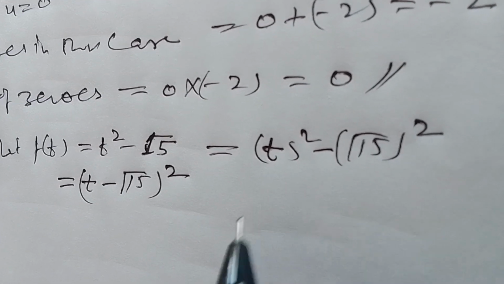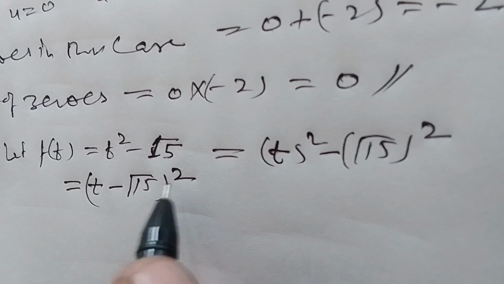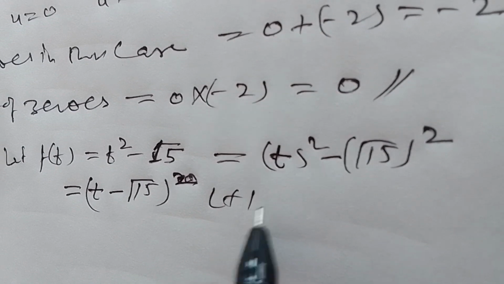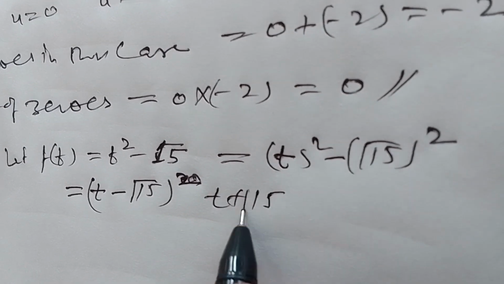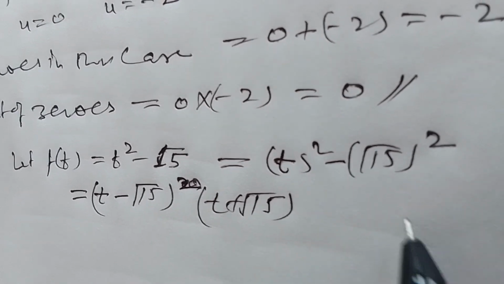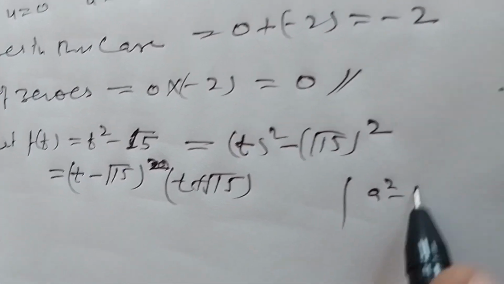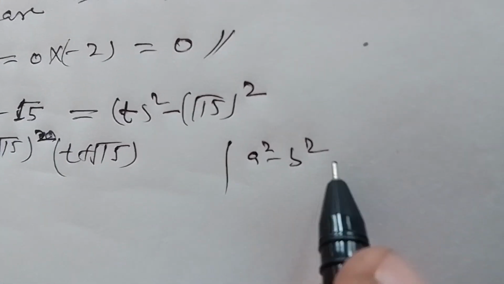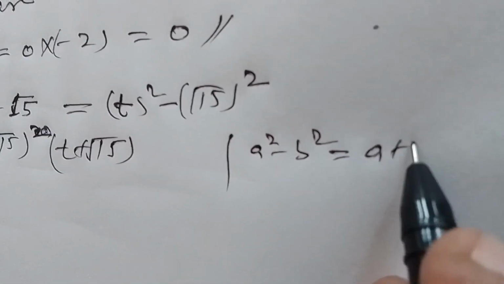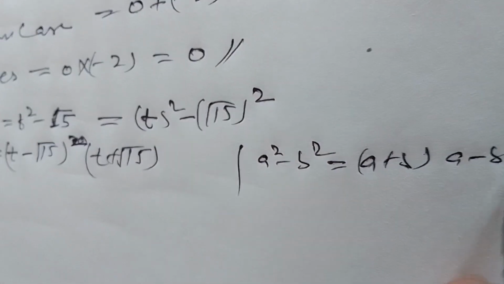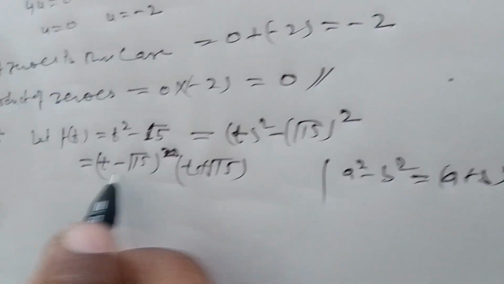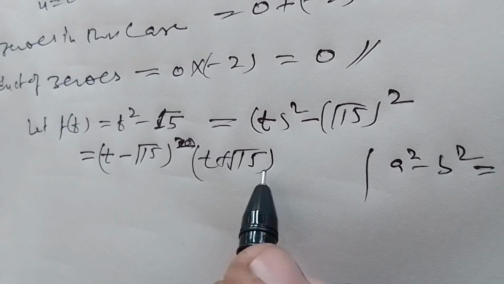So it can be written as (t minus root 15)(t plus root 15), because we have the property that a square minus b square can be written as (a plus b)(a minus b). So these terms now appear here.